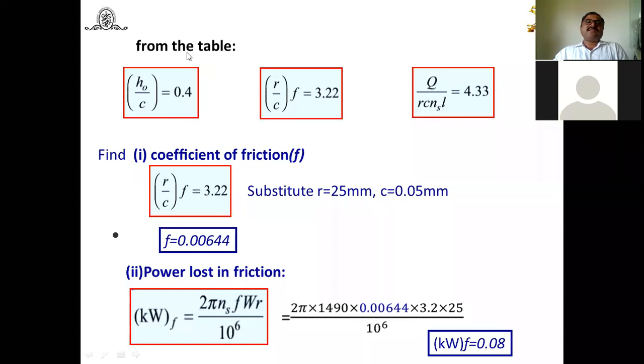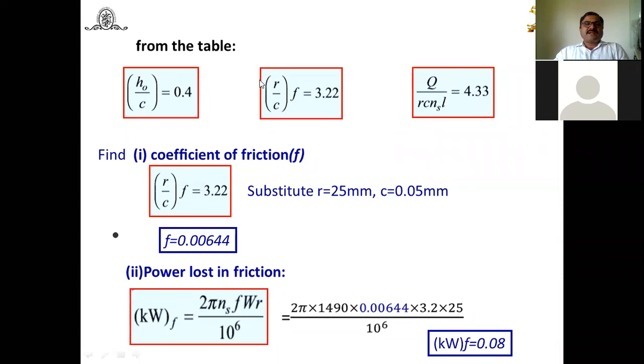I have noted all these values of the flow variable, CFV, and film thickness variable from the Raimondi and Boyd chart or table. Once you have all these values, we can easily find the other parameters. Now let us see how. In the problem statement, they ask us to find the coefficient of friction.